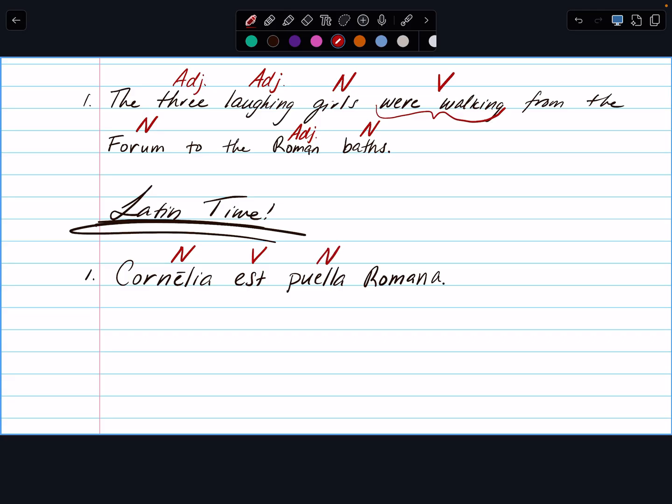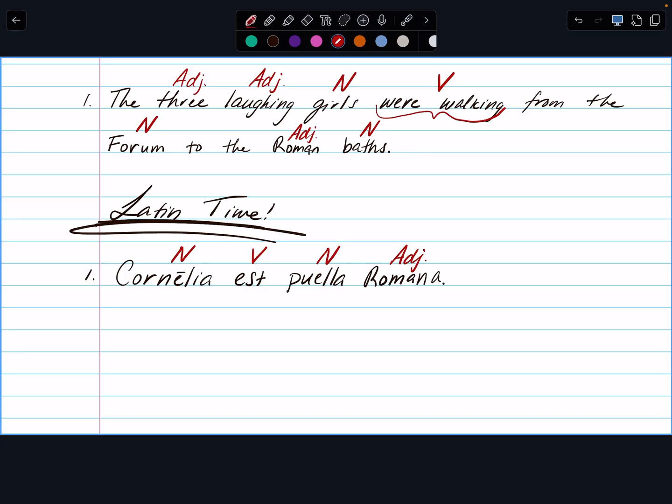Puella is N for noun, and romana is our adjective, ADJ. So think of it this way: puella, what does puella mean? Girl, right? And a girl is a person, so that's a noun. And Roman, she's a Roman girl. It's telling us what kind of girl she is. It's describing her, so it's an adjective.